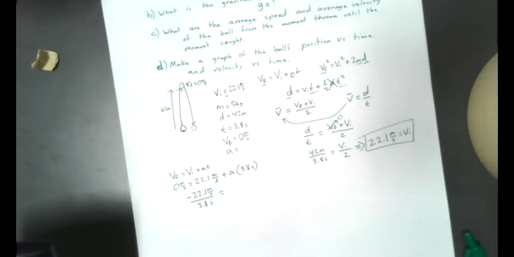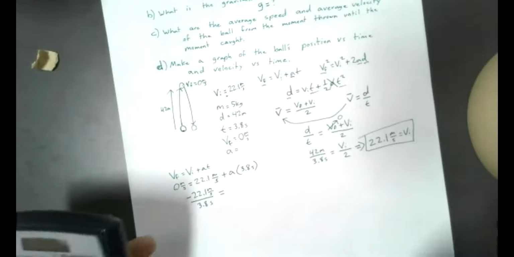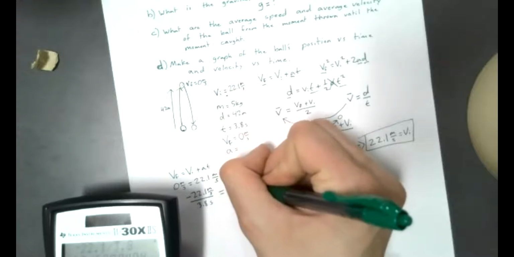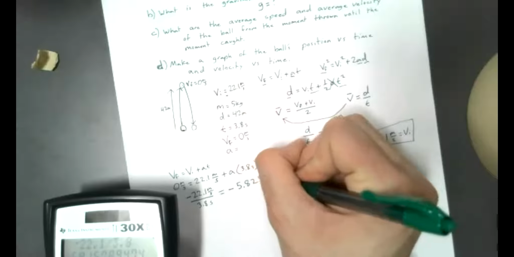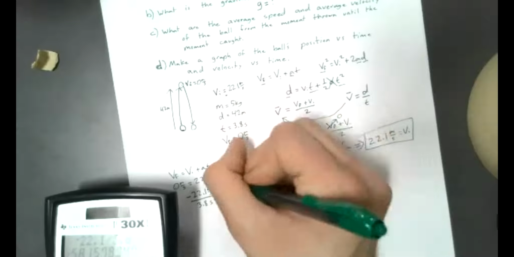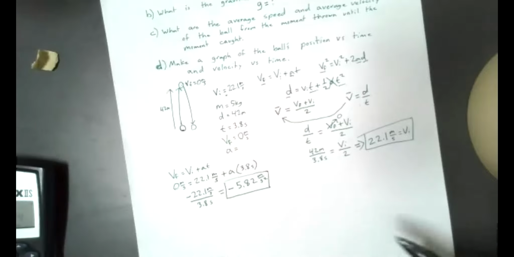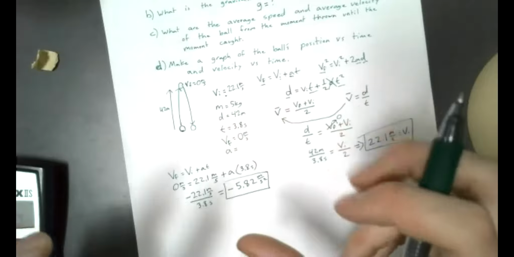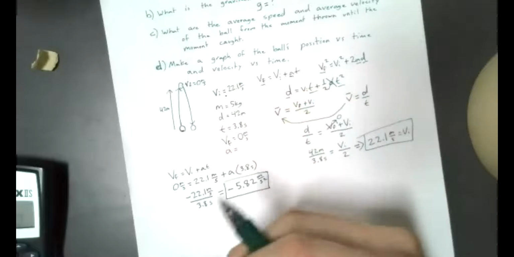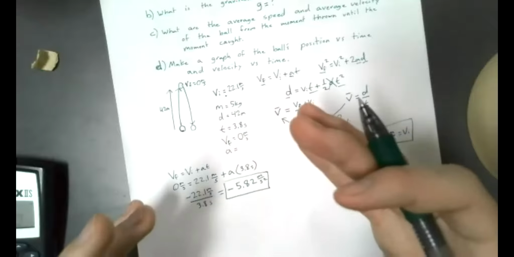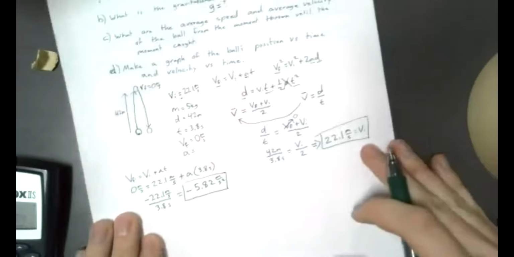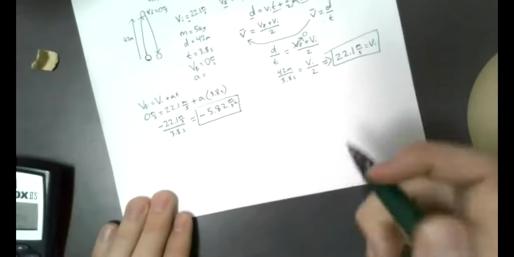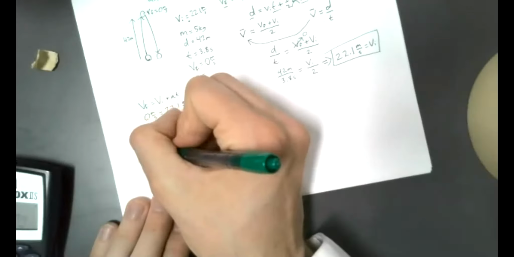So negative 22.1 divided by 3.8 gives me negative 5.82 meters per second squared. So that is my gravitational field strength, which is another way of referring to the acceleration due to gravity. If they call it that on you, I'm sorry. It's a little annoying. Anyway.